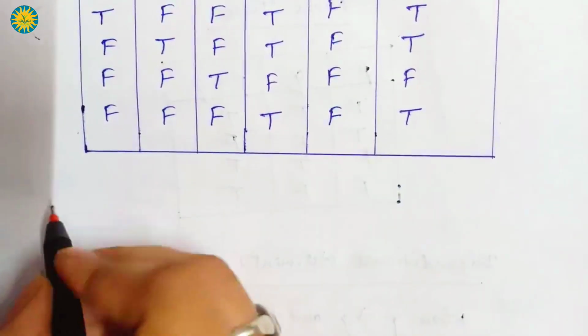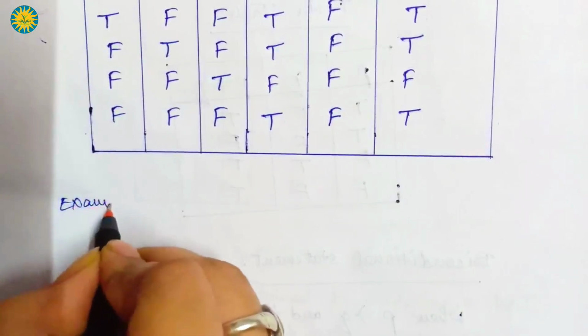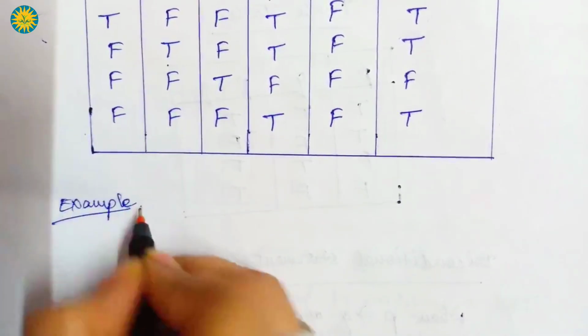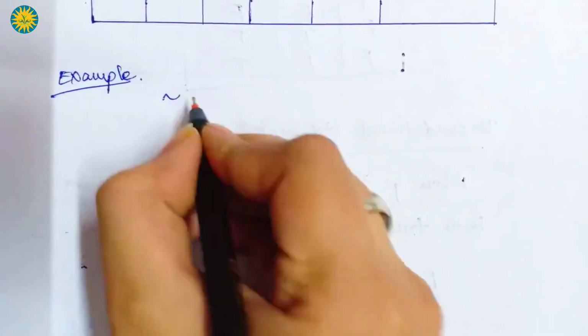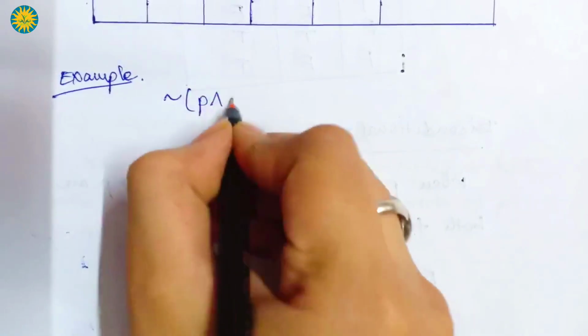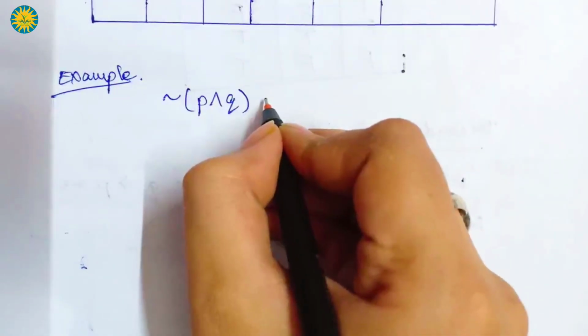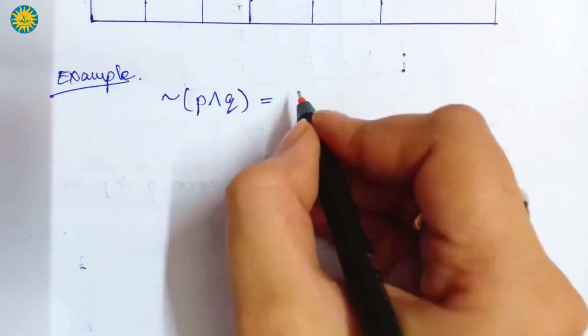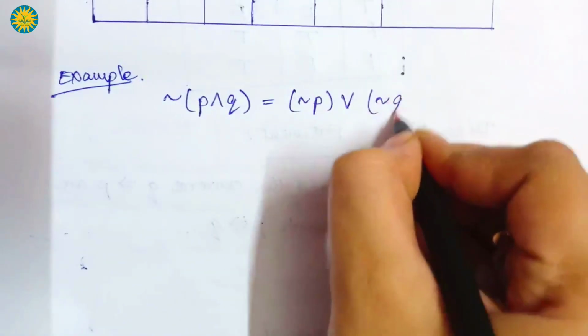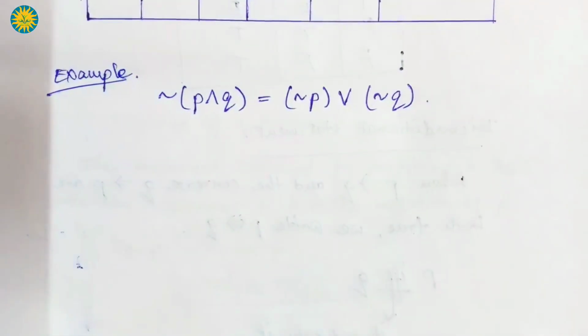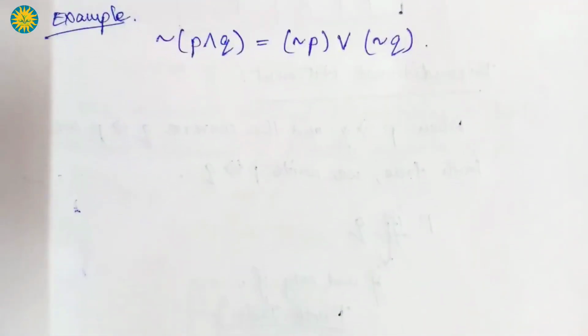In a similar way, if we are given this example, where we need to prove that not (P and Q) is equal to not P or not Q, we will draw up a truth table.